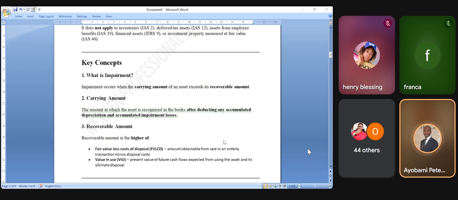So when we say fair value, it simply means the prevailing market price of the asset. That is the amount you can receive if you are to sell the asset in an arm's length transaction. That is fair value.